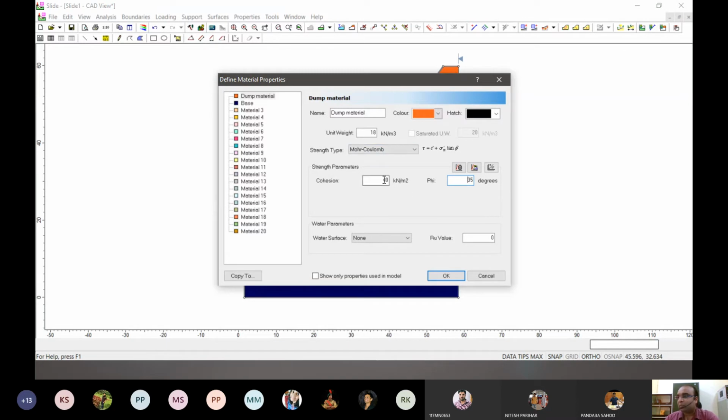If I want to vary it from maybe 30 to 50, I will have to take increments of 2 and make maybe 20 more models for just a variation of cohesion, right? So I will have to save 30, 32, 34, 36, 38, 40, and so on for cohesion. Then I have to do the same for phi, and then I have to do the same for unit weight.